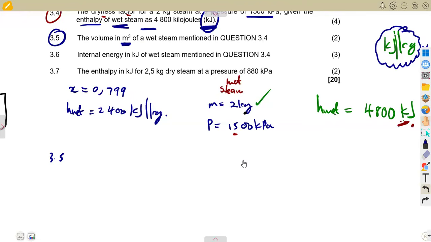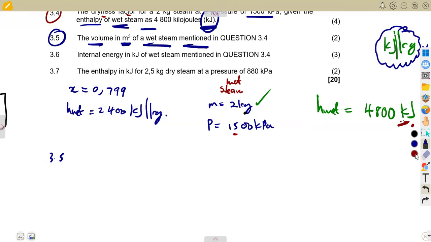The actual unit that was supposed to be there was cubic meters per kilogram. But because the mass is involved, it cancels per kilogram. You are left with just cubic meters. So the question needed us to calculate the volume of the wet steam, V wet.